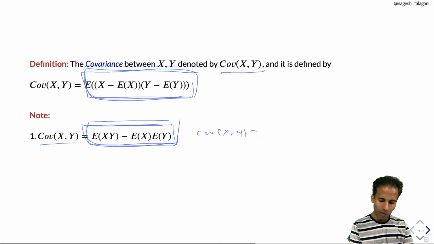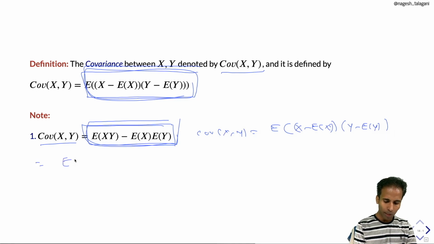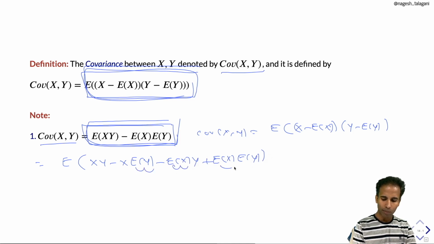By definition, the right hand side is expectation of x minus expectation x times y minus expectation y. If I multiply inside the expectation, what do I get? xy minus x times expectation y minus expectation x times y plus expectation x times expectation y. Here expectation y is a number, expectation x is a number, and this product is a number.